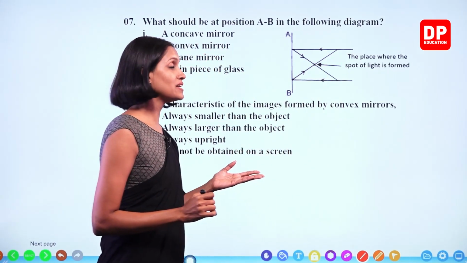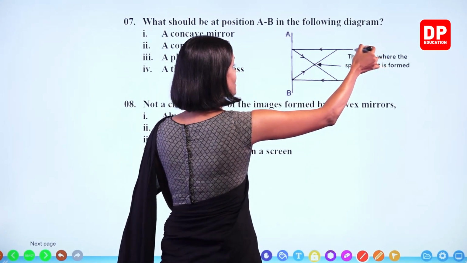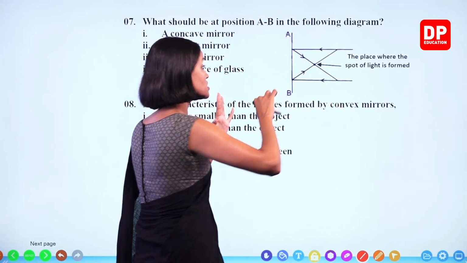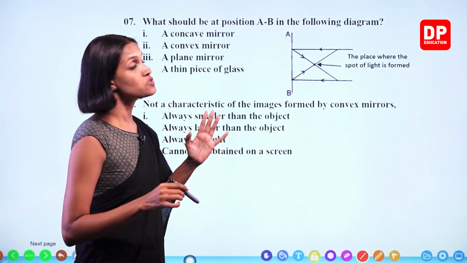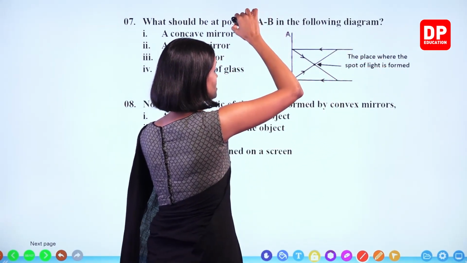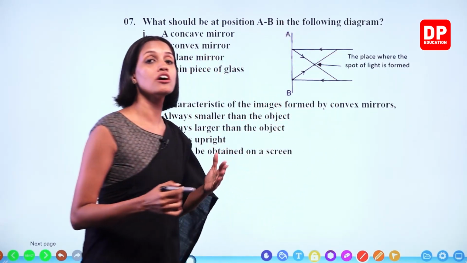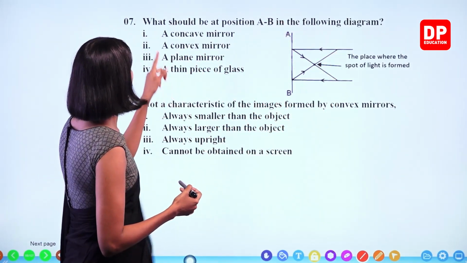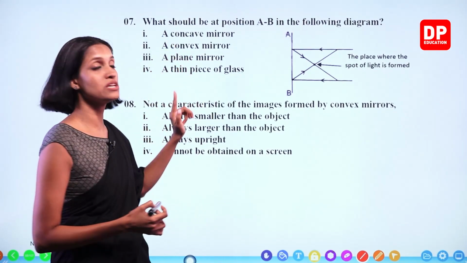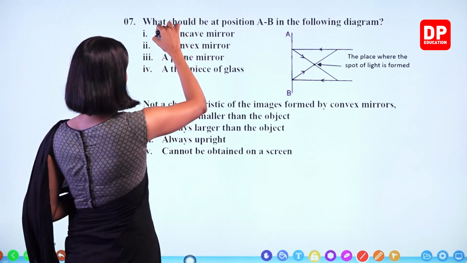What type of mirror is this? Which means a parallel beam of light is converted to a convergent beam. So what type of mirrors can convert a parallel beam of light into a convergent beam? Concave mirrors. Okay. A concave mirror, a convex mirror, plane mirror, thin piece of glass. Concave mirror.